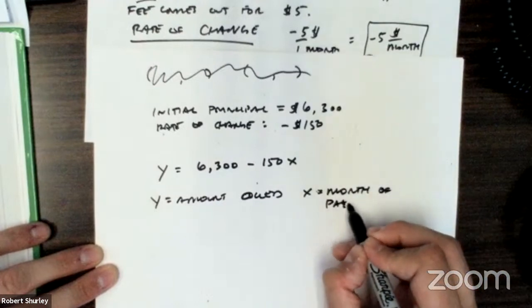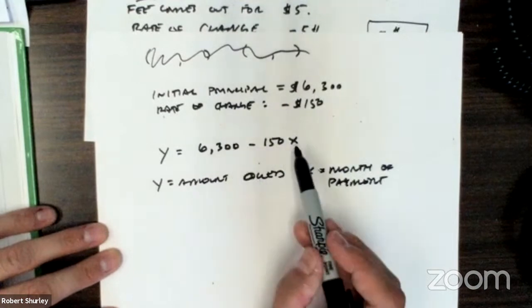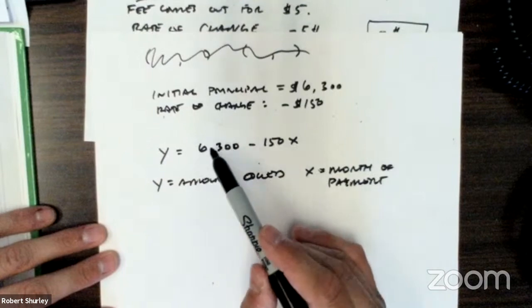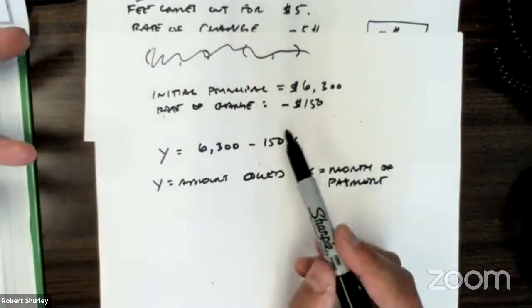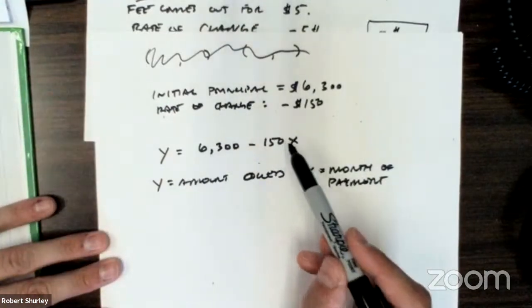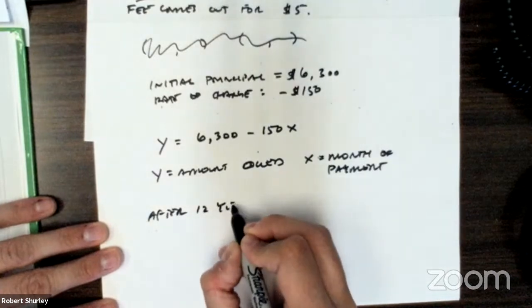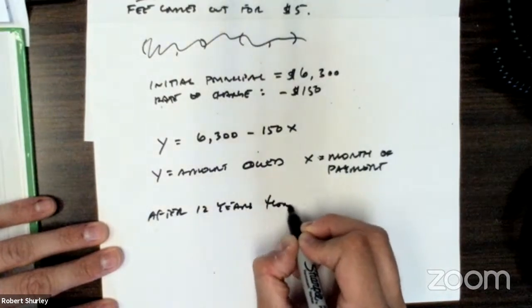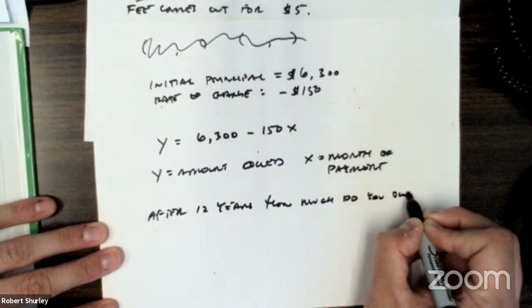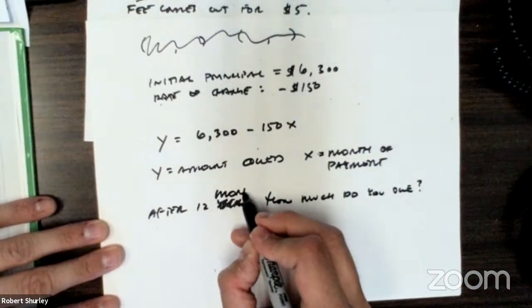of the payment, right? So if after 1 month when you make your first payment, take off $150, you're at $6,150, right? So let's say after 12 months, not 12 years, 12 months.